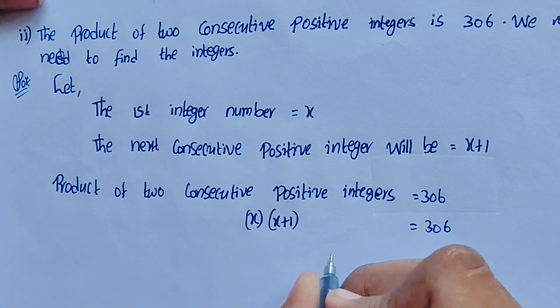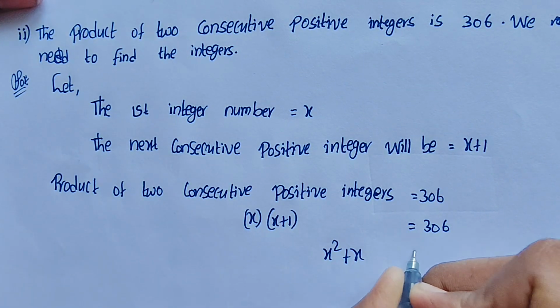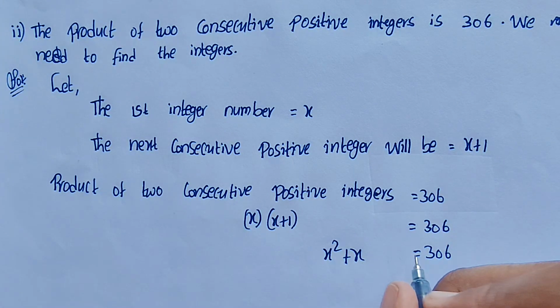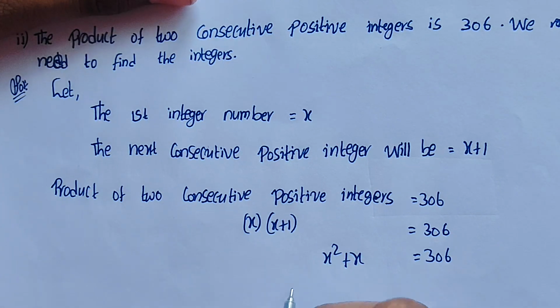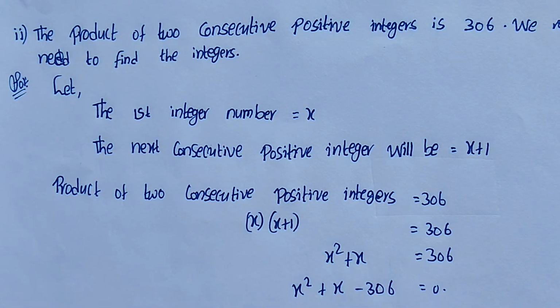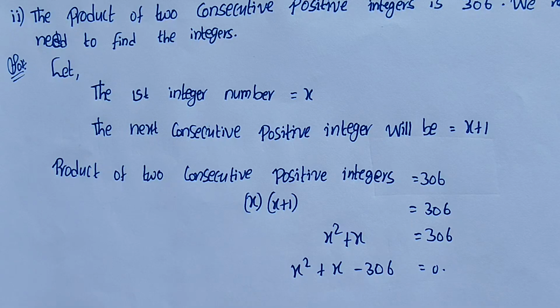x into x is x square, plus x into 1, x, is equal to 306. I am going to transpose the 306 to the left side. Then it becomes x square plus x minus 306 equals 0. So we have got the quadratic equation.